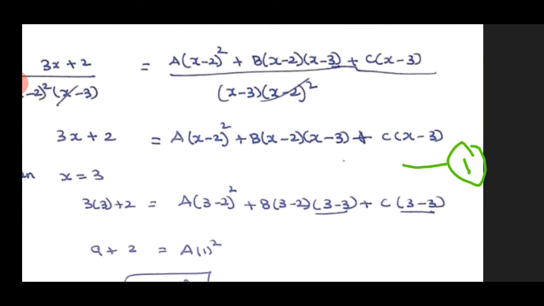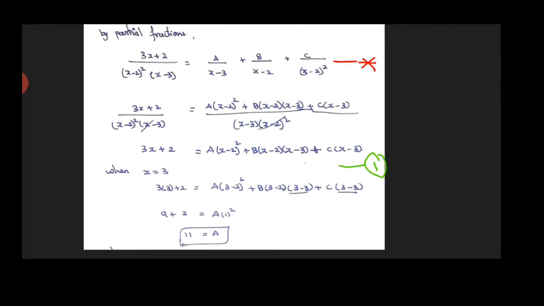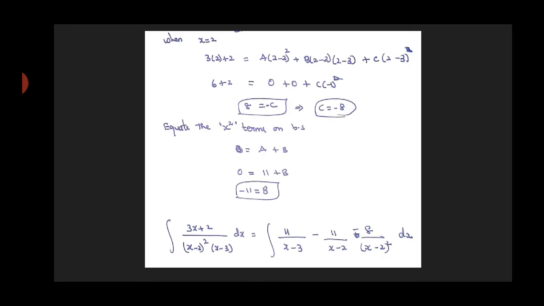And second, plus b brackets x minus 2 into brackets x minus 2. When you multiply the two brackets here, x into x, first we will be getting what? x square, and before that we have outside a constant b that will be multiplied, so bx square. So now we understand, in the first term while we expand we get ax square, and in the second term we get bx square. So we have two x square terms and their coefficients are a and b.